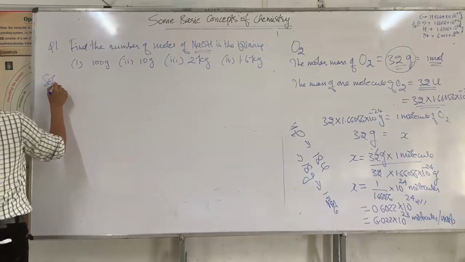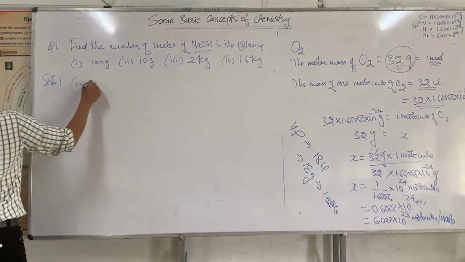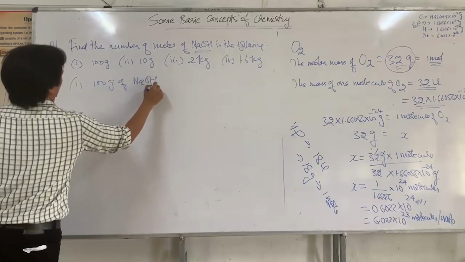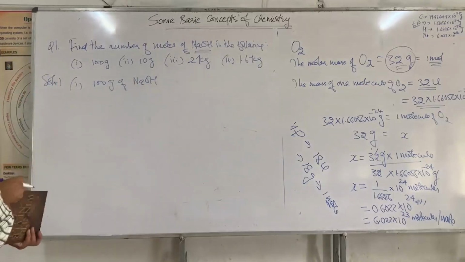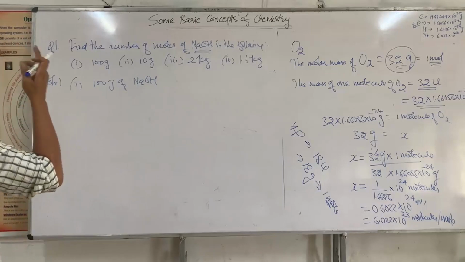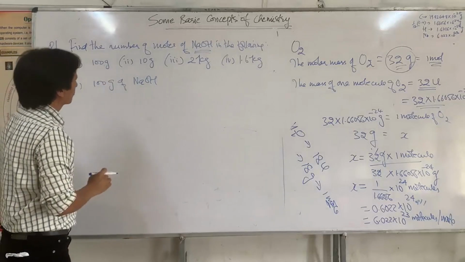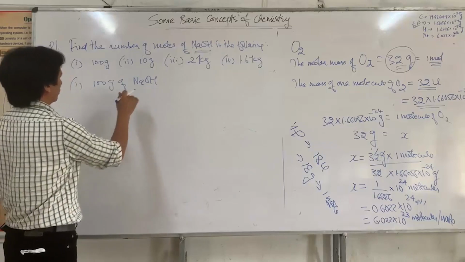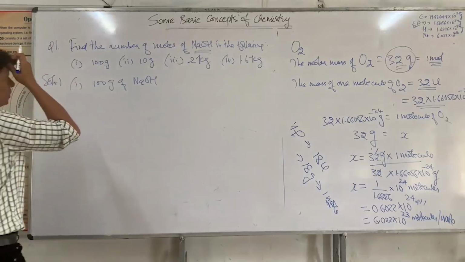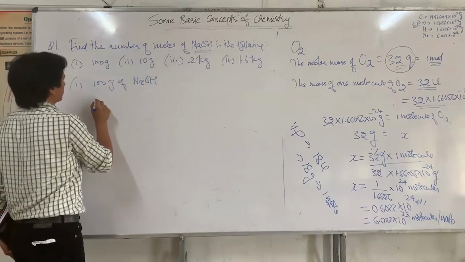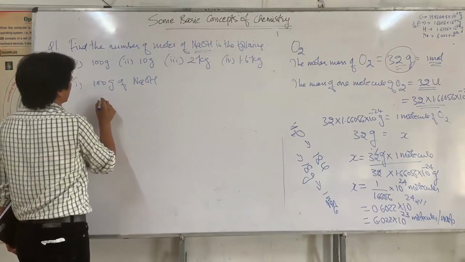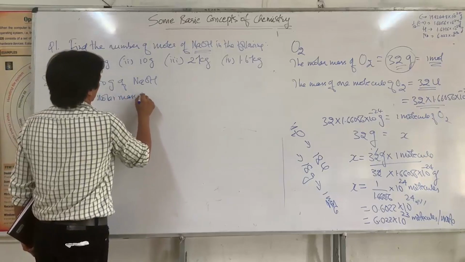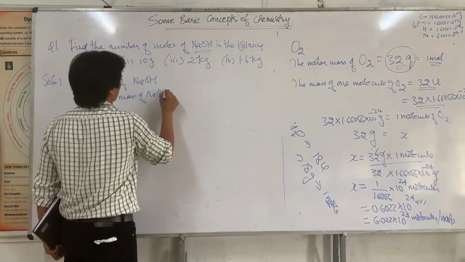This is solution number 1. The first one is 100 grams of sodium hydroxide. Now we want to know how many moles of sodium hydroxide are there in 100 grams of sodium hydroxide. You know the molar mass of sodium hydroxide.